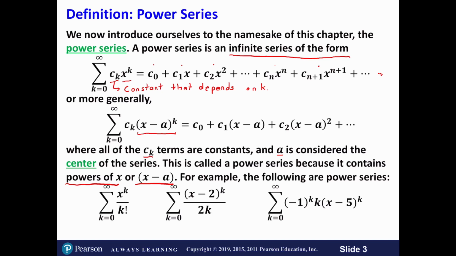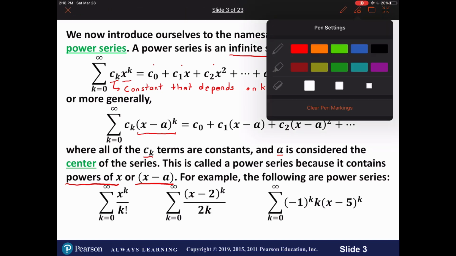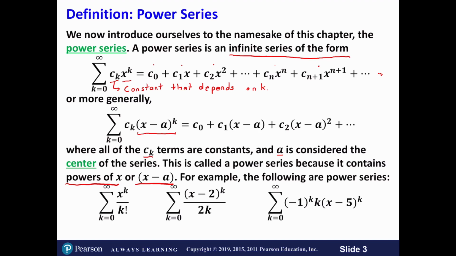So, for example, all of the following down here are power series. Let's go ahead and take a second and try to identify what c_k and a are for each of these. So for this first one, c_k is basically everything except for that x to the k term. So in this case, it is 1 over k factorial. And then a, for this example, is 0, because a is the number that we subtract from x when we raise it to the k power.